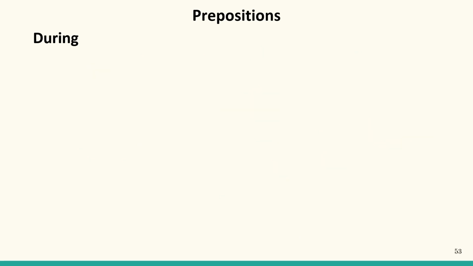Now, let us see another preposition, that is during. Now, during is actually used to show the span of time. For example, if I say, she was not at home during the party.